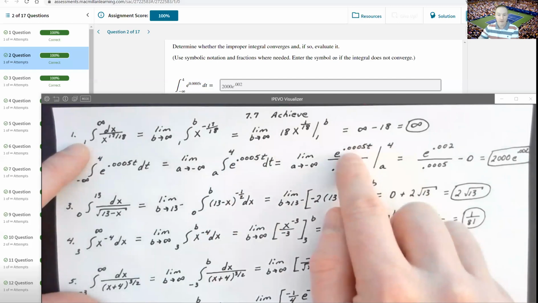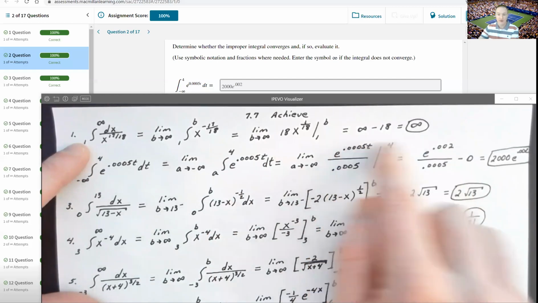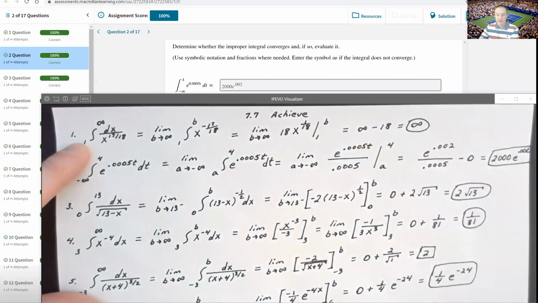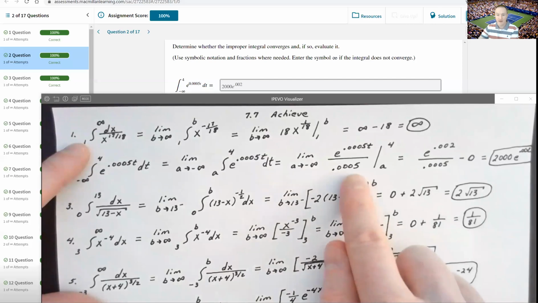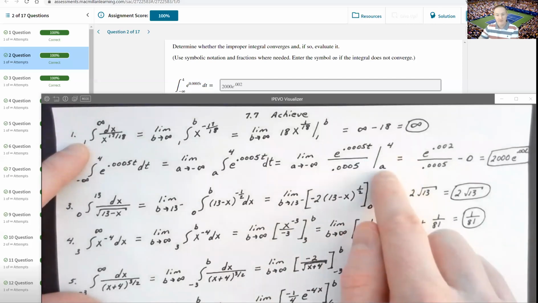Now, when I plugged the 4 into this function, I got e to the 0.002 power. 4 times 5 is 20, which moves that over one place. So I get e to the 0.002 power divided by 0.0005. And now you would say minus the lower limit.